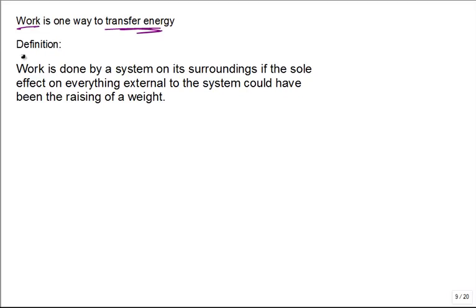Here's our thermodynamic definition of work. Work is done by a system on its surroundings. It's basically getting into the sign convention that we want. We'll talk about the sign convention. If the sole effect on everything external to the system could have been the raising of a weight. Raising of a weight?